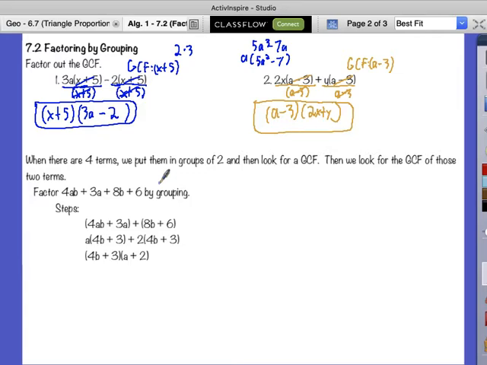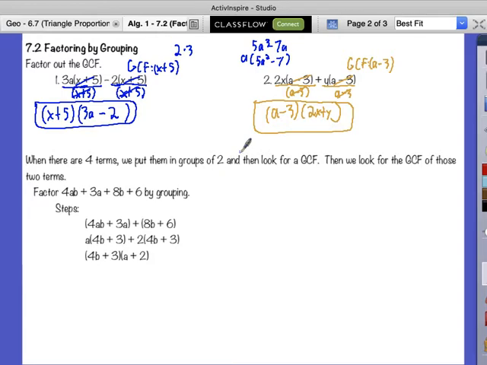We put them in groups of 2. So we put the first 2, 4ab plus 3a, in parentheses, we grouped them. 8b plus 6, we put in a set of parentheses and we grouped them. That's what it says, we put them in groups of 2. That's that first step.